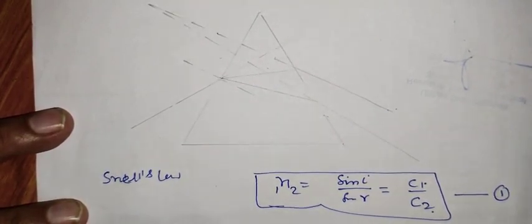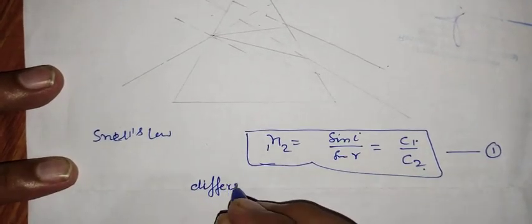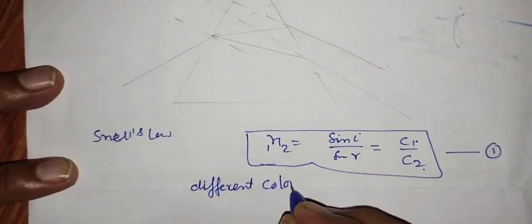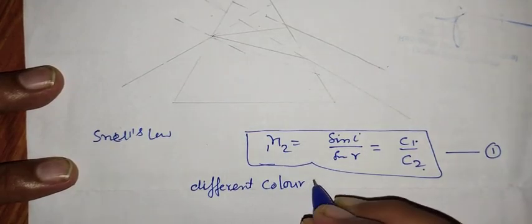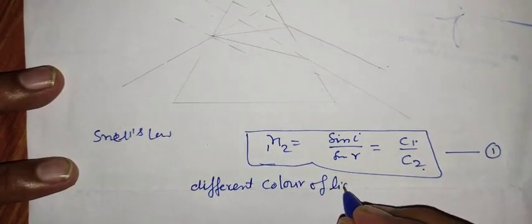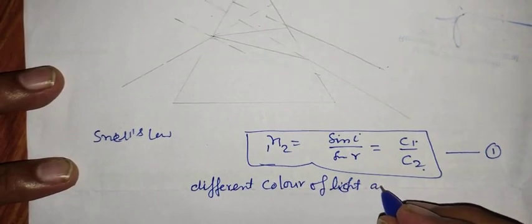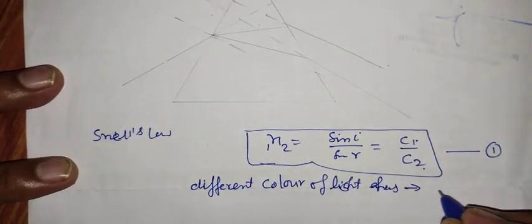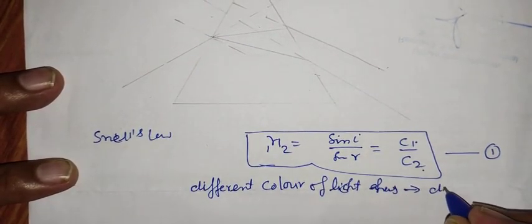One thing: different colors of light have different velocity.